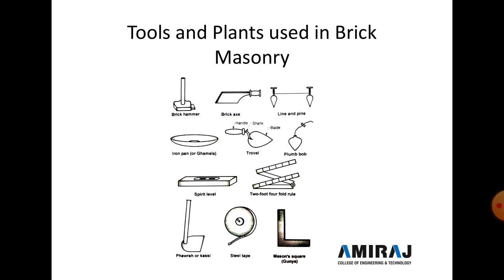Next is the pavda. The pavda is used for mixing the mortar material, for dry mix or wet mix purposes. Next is the steel tape. The steel tape is used for measurement, for measuring the length, thickness or height of the wall.